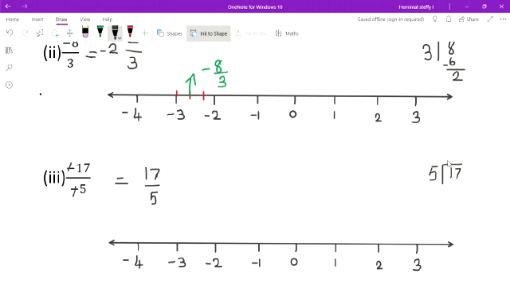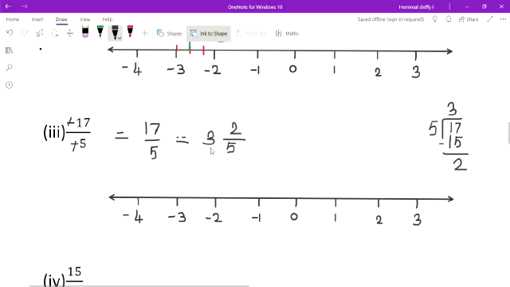So how many times? 3 5s are 15. I am going to subtract. I get 2. So what is the mixed fraction here? 3 whole number, denominator 5 and numerator 2. This is the positive value, so we take it on this side.